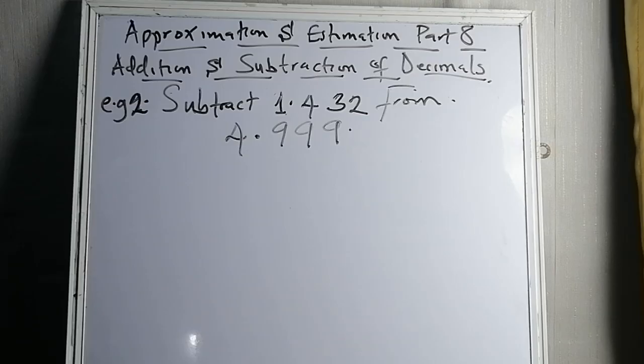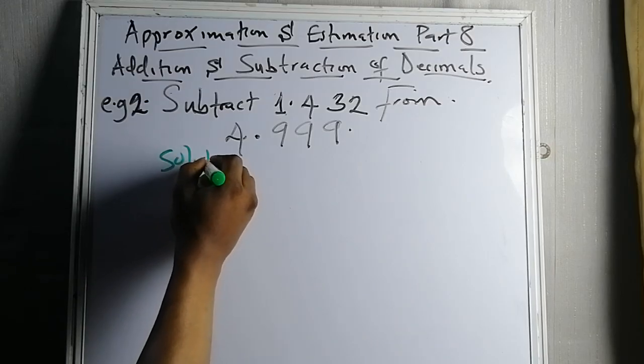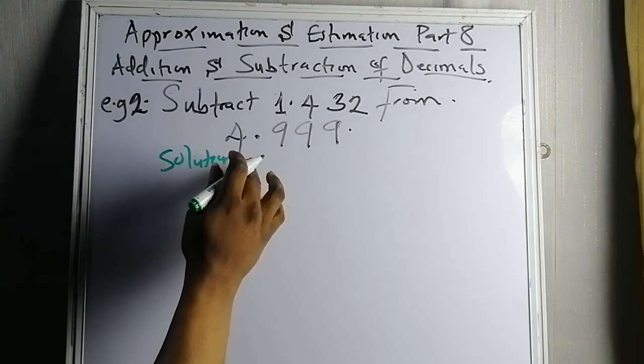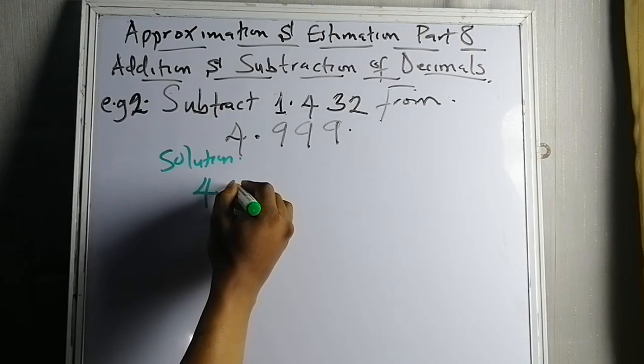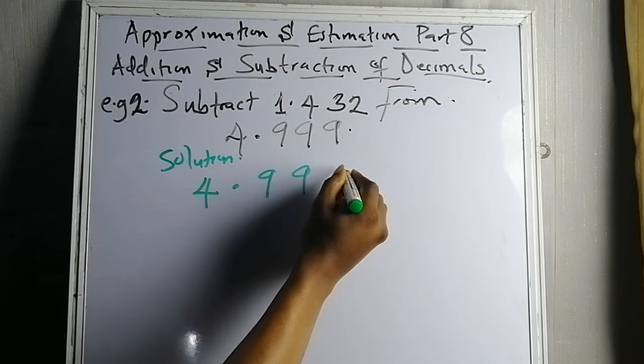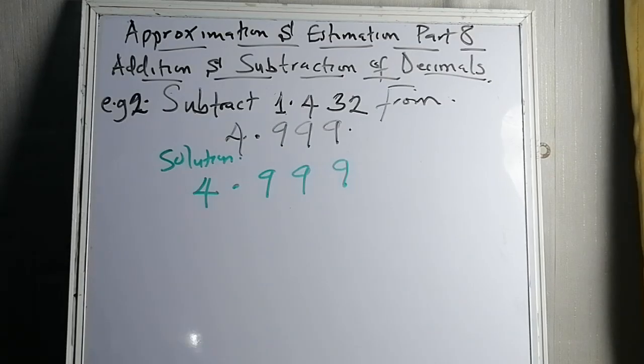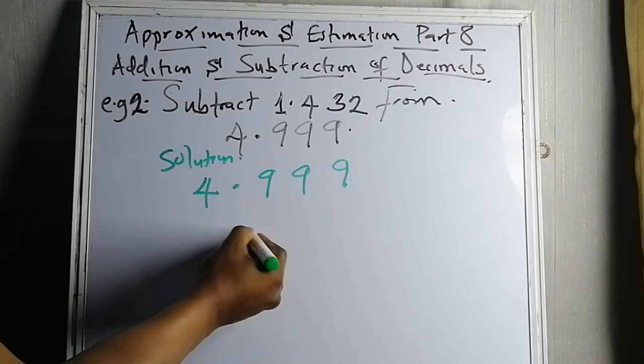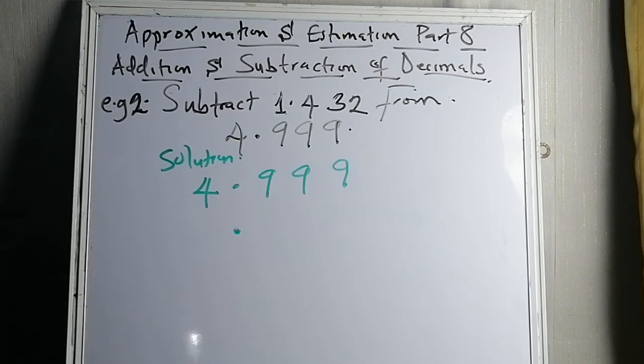So if you want to subtract 1.432 from this, the solution will be 4.999. The next number, which is the one you are subtracting, the point must be on top of each other. It must be in column. You arrange it one after the other.